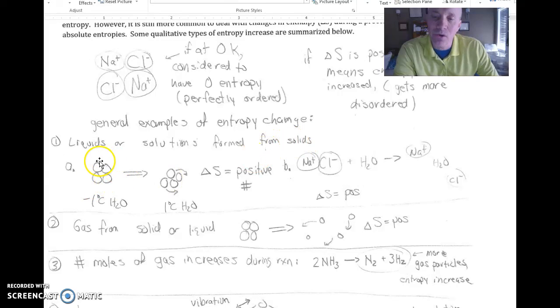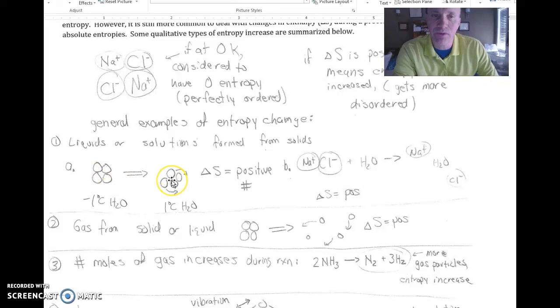All right. So remember that whenever you have a solid, you have molecules or atoms that are arranged in a relatively organized pattern. So for example, a crystal of sodium chloride would be something like this. And let's say that we were to melt that.